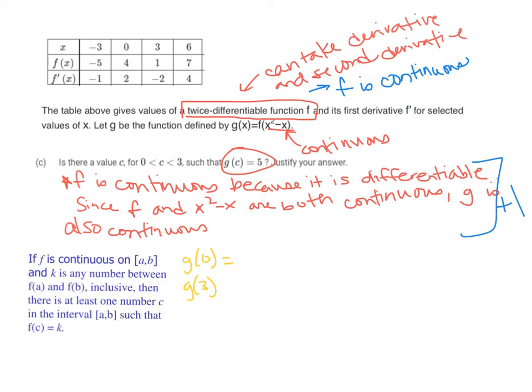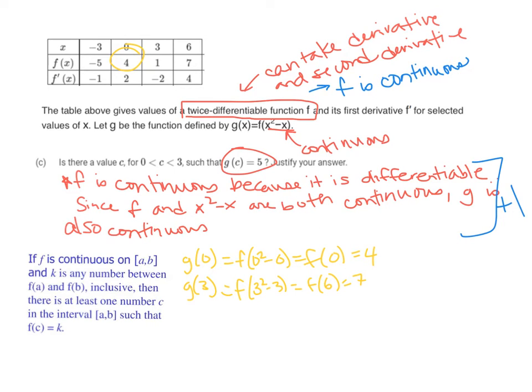So g of 0 is going to be f of 0 squared minus 0, or just f of 0. If you look back up at the table, that's going to be 4. g of 3 is f of 3 squared minus 3, or f of 6. If you look back up at the table, that's going to be 7.